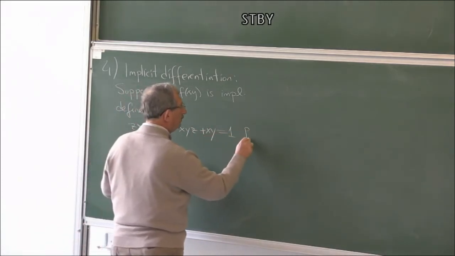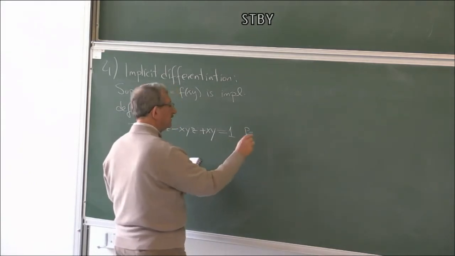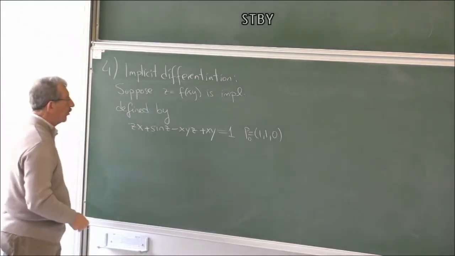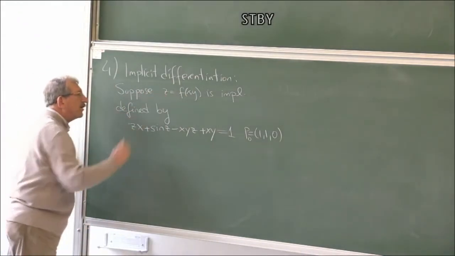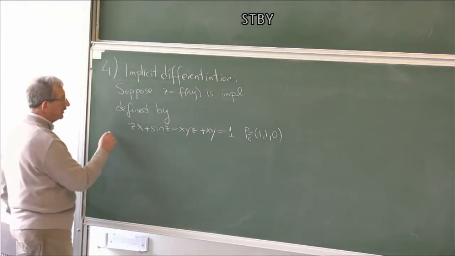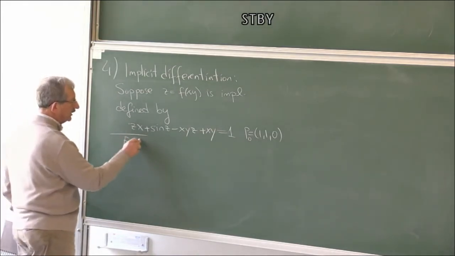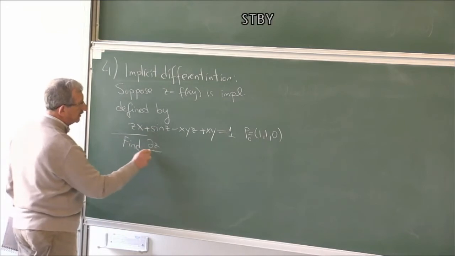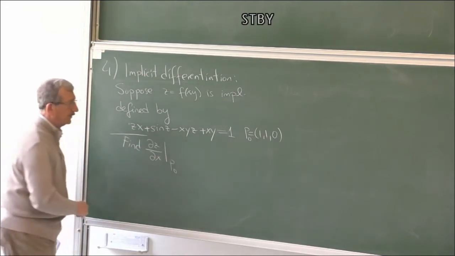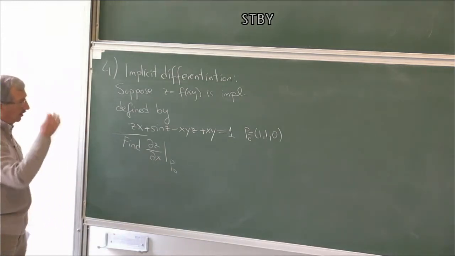And our point P0, which satisfies this, is (1, 1, 0). Because z is a function of two variables, I can talk about the derivatives of z. So the question is, find del z del x at P0. Or whatever we want.